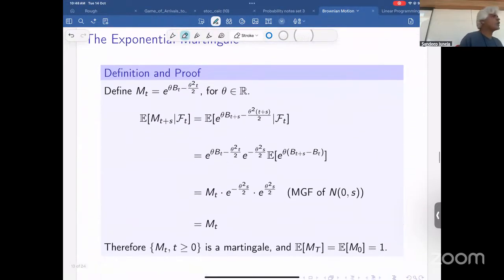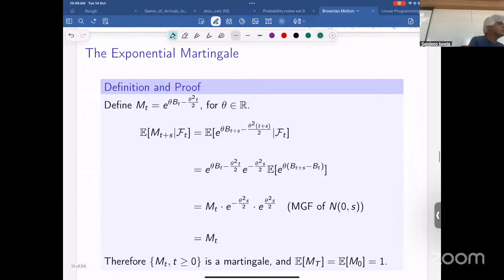Okay, so let's talk about exponential martingale. It's far more interesting than it looks, this way of doing things, and we'll see some of it right now. The point is with Brownian motion, because it's a Gaussian distribution at any time t, exponential moments are well defined. You don't have to worry about exponential moments suddenly becoming infinity.